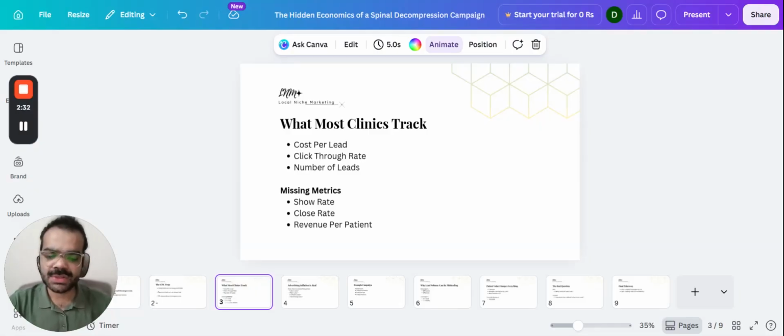I'm saying that because these rates can also tell you if the problem is not in your marketing, but inside your own system, in your sales process. You might be doing something that is not converting patients, right? That is why these metrics are really trackable, and they are going to point you in the right direction where you can actually scale your advertisement.